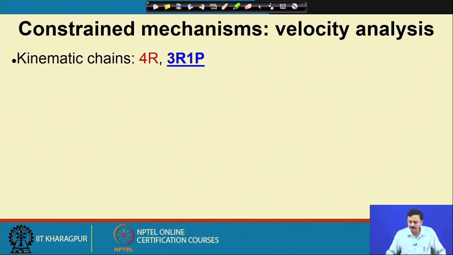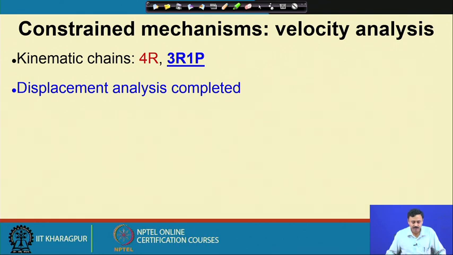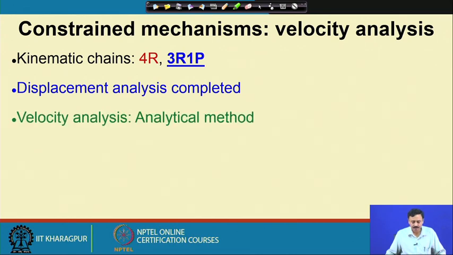In this lecture we are going to look at the 3R1P chain of type 1. We will assume that the displacement analysis is completed, which means that I know the configuration of the mechanism. Of course, I am given one input, because this has 1 degree of freedom. I can calculate the other angles using the displacement relations. We are now going to embark upon the velocity analysis problem.